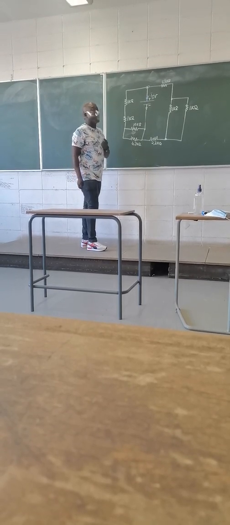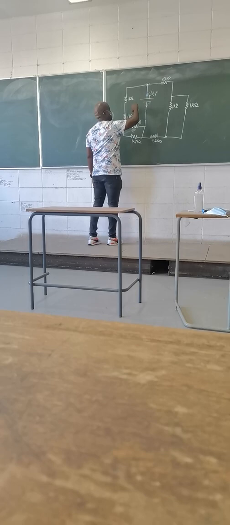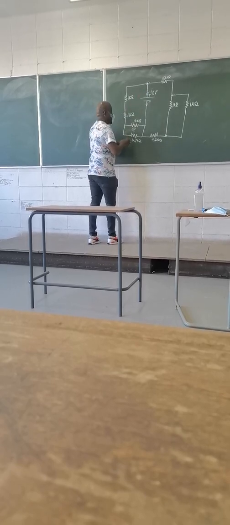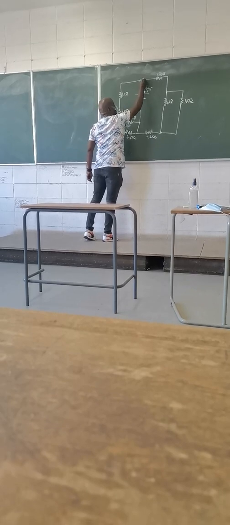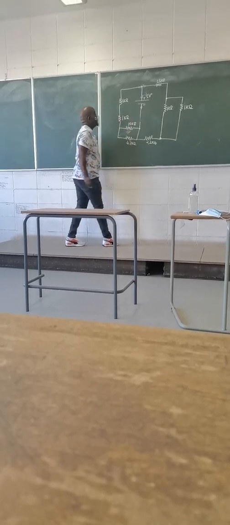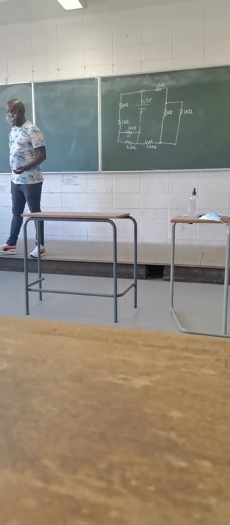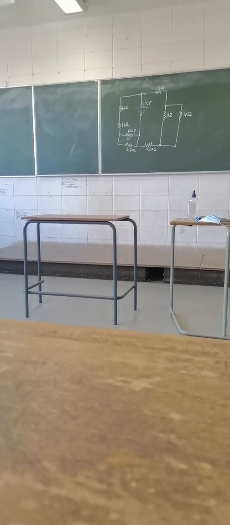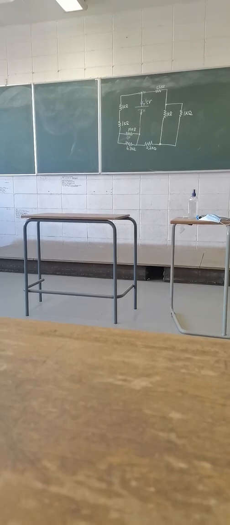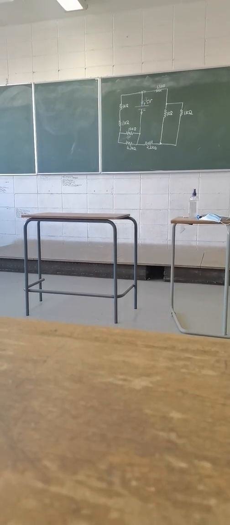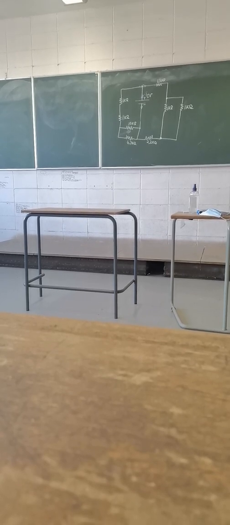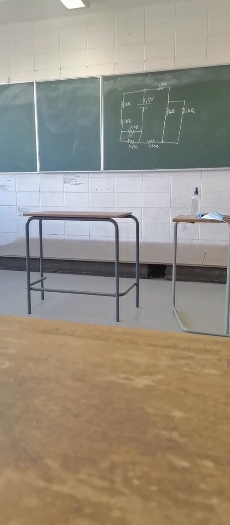If the current splits in that direction, and also splits in that direction, because of the junction on the closed loop, I'm going to say automatically that that circuit is a parallel circuit. No.